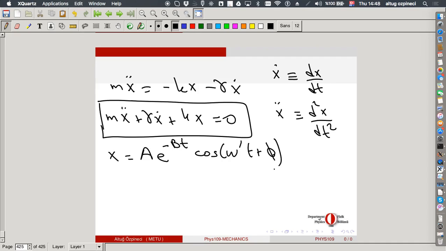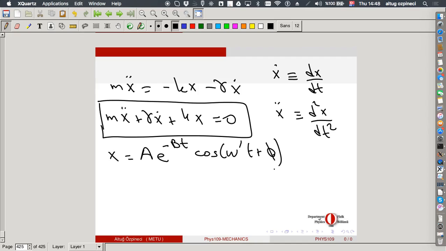So this will be the solution. Of course you can relate this b and omega prime to the constants m, gamma, and k, which you will do in the homework, but for the time being it will be enough to know that the solution of this equation will have this form.